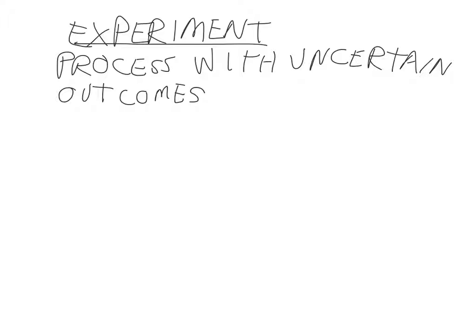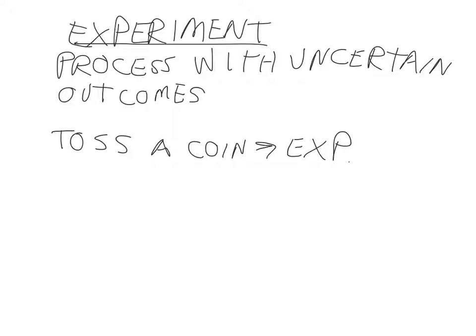So for instance, we could say if we toss a coin, that's an experiment. If we toss dice, that's an experiment because you don't know what the total's going to be.